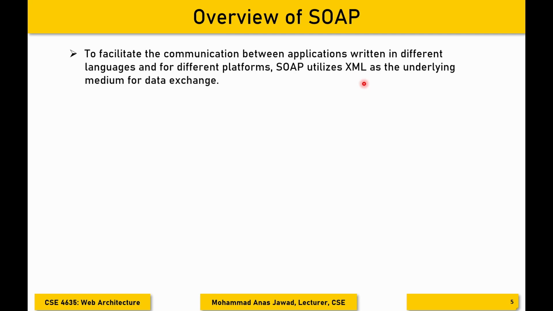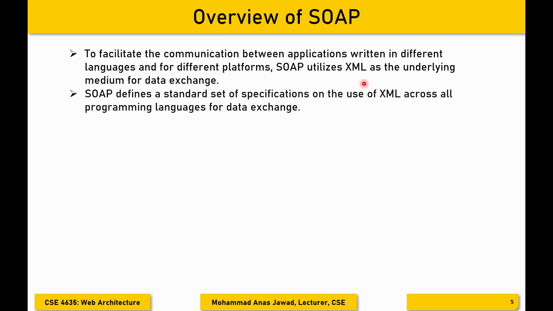So what SOAP does is define a set of specifications on the use of the XML language across all programming languages for data exchange. Any application written in any language that implements the SOAP protocol needs to follow this set of specifications so that the transfer of messages between these different language applications can be achieved. Okay.